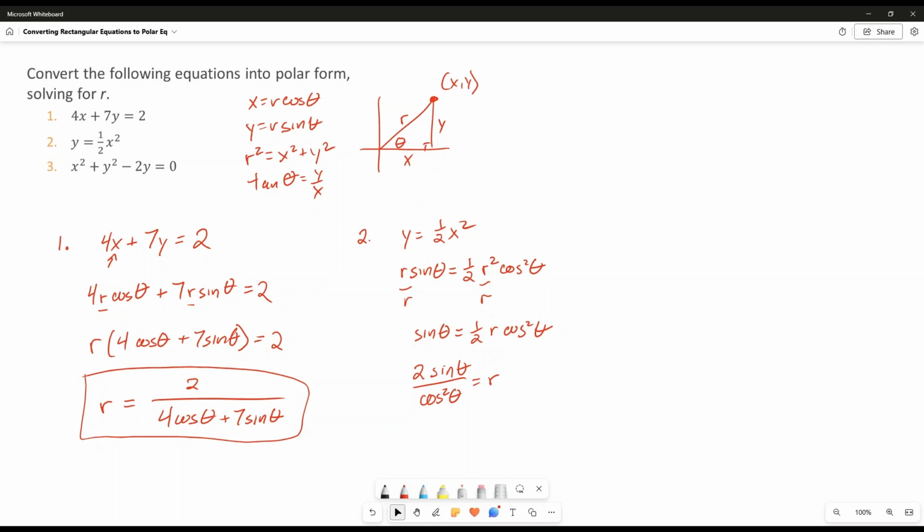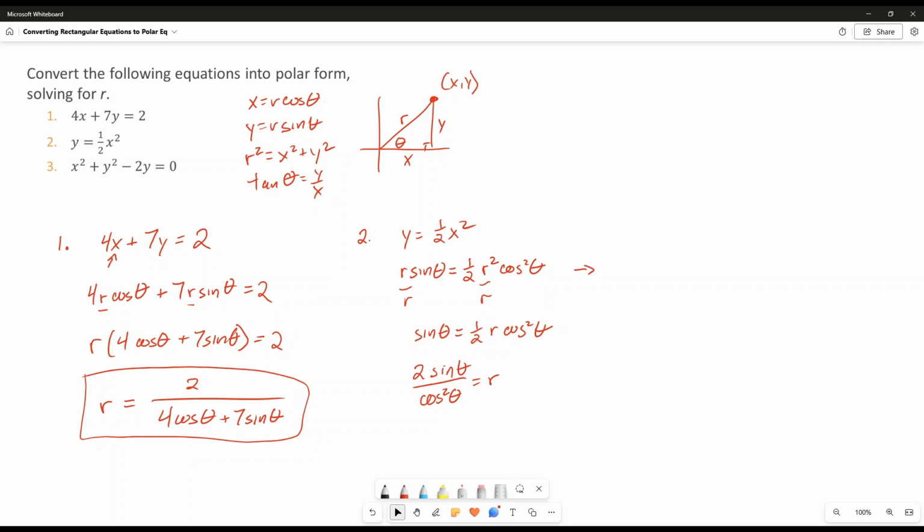Let me show you an alternate method of doing this. So instead of just dividing by r, usually what we want to try and do in this situation is to subtract one term. So anything on one side of the equation, we want to subtract it over to the other side, set it equal to 0, and then factor.